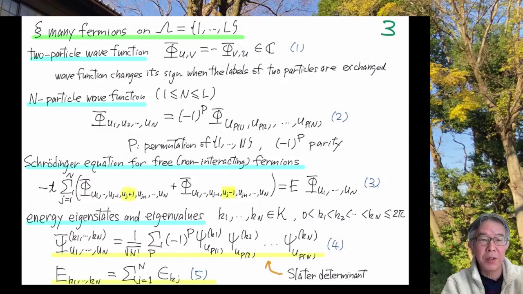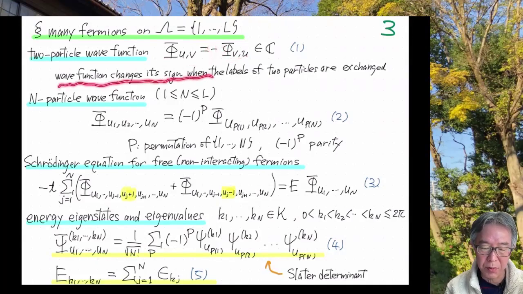So we are discussing the system of identical many fermions. Since two fermions are indistinguishable, this thing and this thing represent the same state. But you have to have this minus sign in order to describe fermions. In short, the wave function changes its sign when the labels of two particles are exchanged.